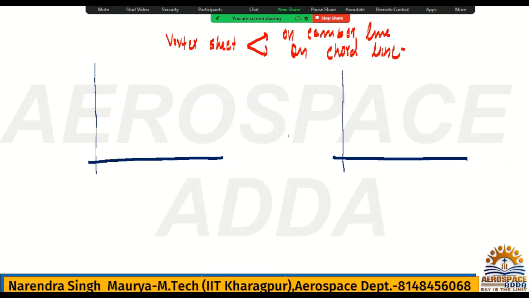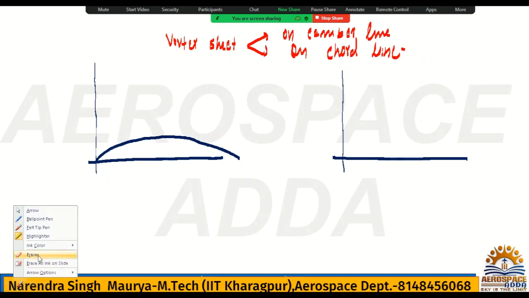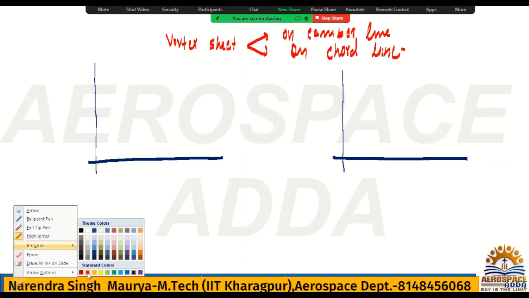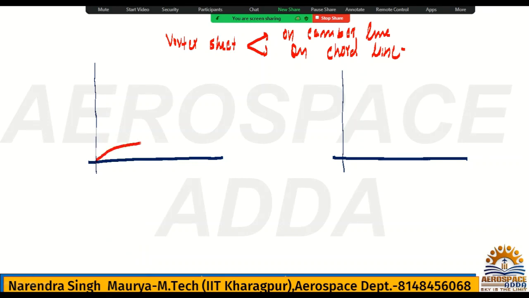I'm showing the vortex sheet on the camber line.